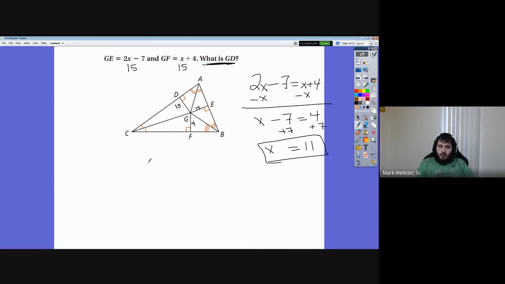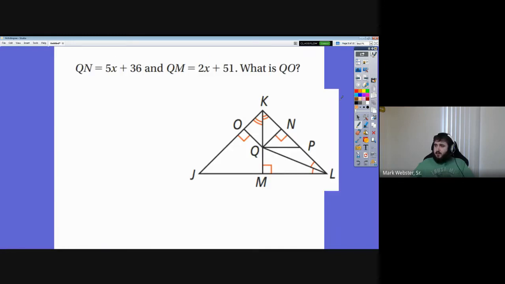So the measure of GD had better be the same as the other two. It had better be 15. All right. So it's going to be the exact same idea, just different numbers and a different picture, but the same idea. So go ahead, give this one a try yourself.